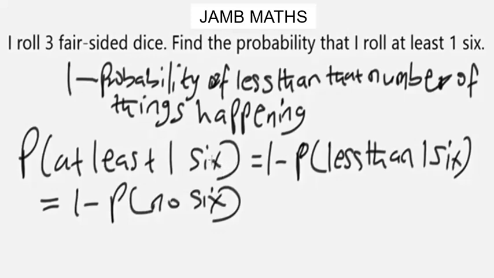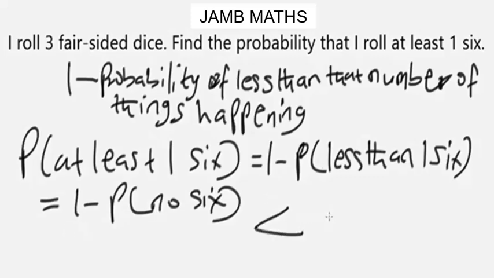Now we can use a tree diagram to work this out. So the tree diagram for this at least probability will look like this. Since we are going to subtract the probability of no 6 from 1, we need to get the probability of no 6. Let me draw it here.